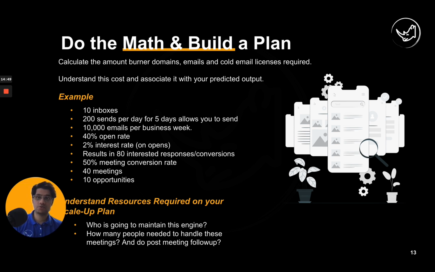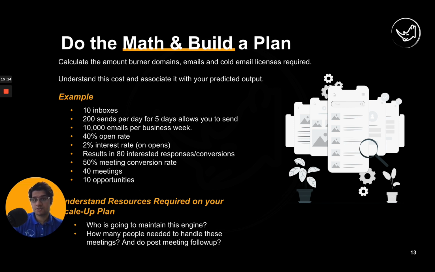And what I mean by do the math is this is more of a sales or marketing operations type of task, but it's all arithmetic. For instance, say okay, if I have 10 inboxes and I know I'm going to only send 200 per day, 5 days a week, I can send out 10,000 emails. And assuming I have a 40% open rate with a 2% interest rate on the opens, that should give me 80 interested responses, conversations.